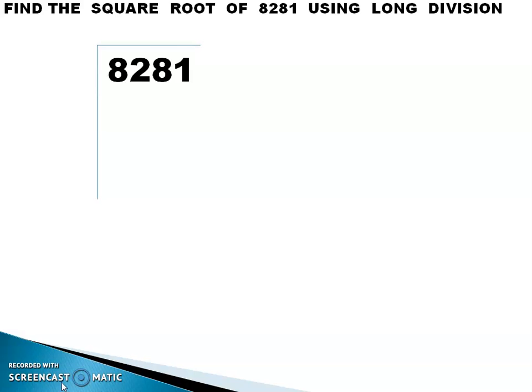What is that? Pairing the numbers. From which direction will you start? You will start pairing the numbers into 2 from the right side. This is the first pair and this is the second pair. So, from where will you start?